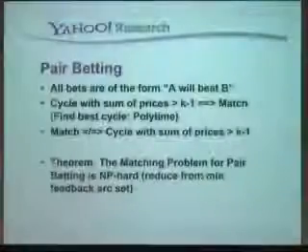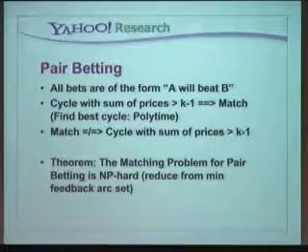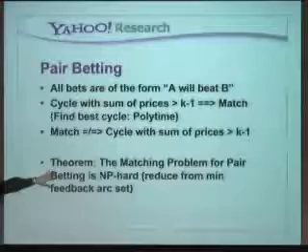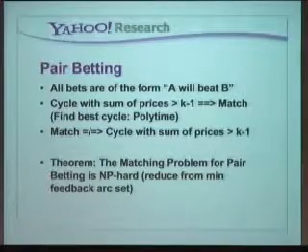If you ever find a cycle in this graph where the price is high enough, then the auctioneer is safe and can grab it. That's a match. But it's not an if and only if. There do exist matches in that graph that aren't equivalent to cycles. And so, in fact, even though finding a cycle is polynomial time, the matching problem is NP hard.